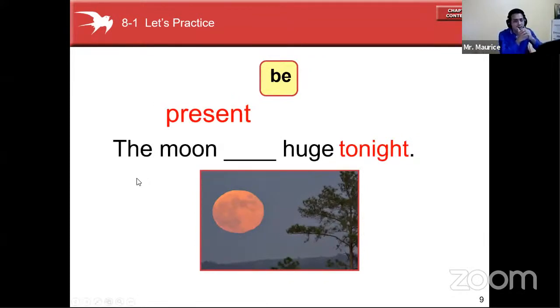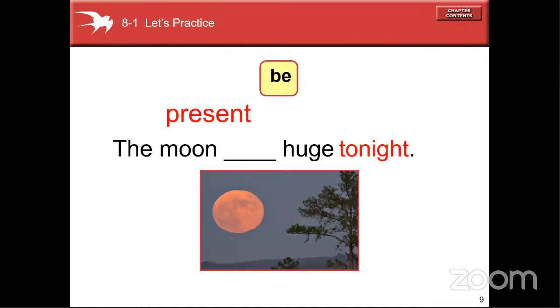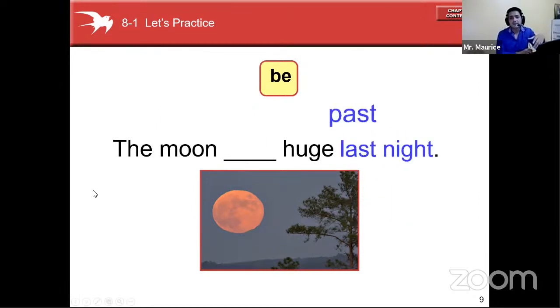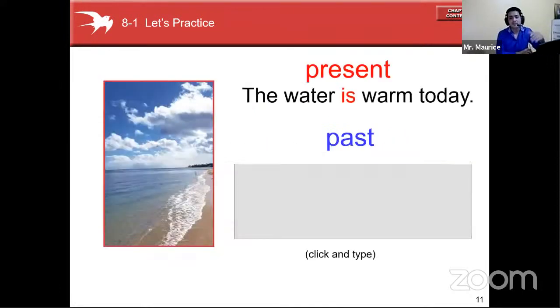Let's carry out this one. Tell me. Is. Yes. Even though we don't have the personal pronoun, aun cuando no tengamos su pronombre personal, it, okay, because it was replaced by this noun, the proper noun, the moon, the correct option in this case is is. Okay, the past was this one.